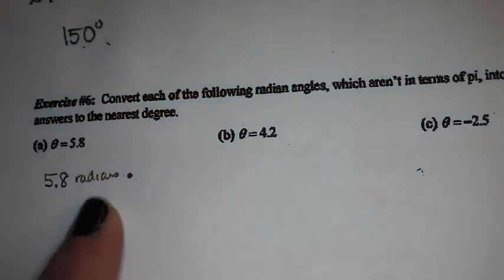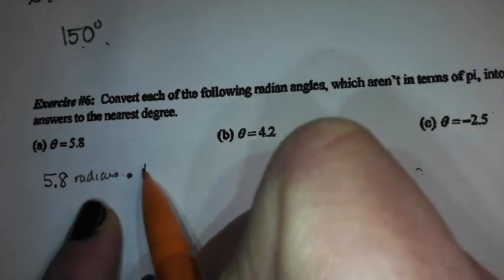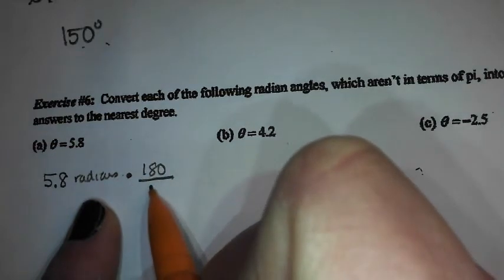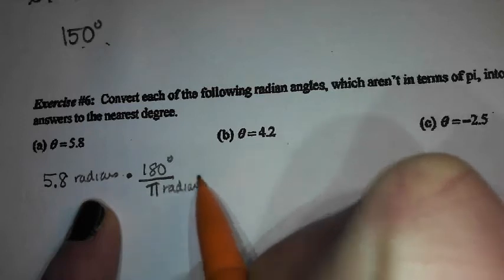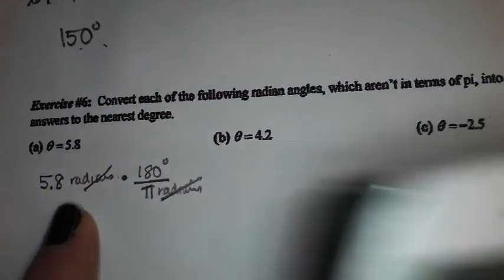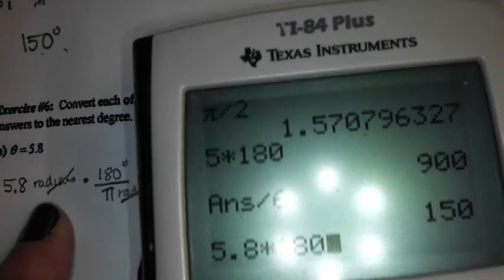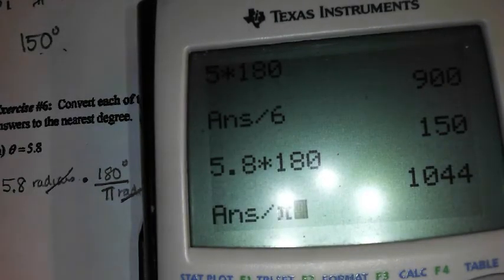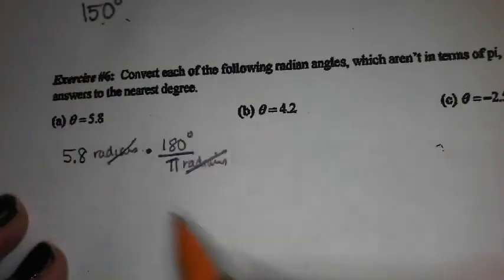Connor, what am I multiplying this by? 180 over pi. 180 degrees over pi radians. So your radians will cancel and you'll just do 5.8 times 180 degrees, divide that by pi, and you get approximately to the nearest degree 332.